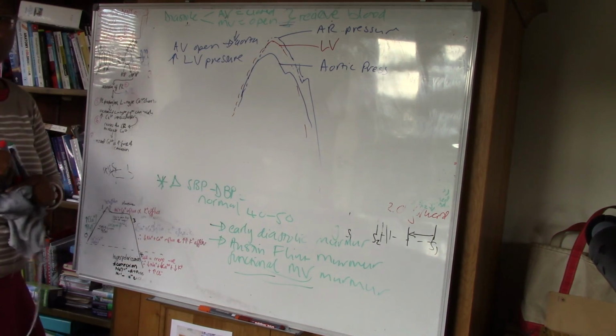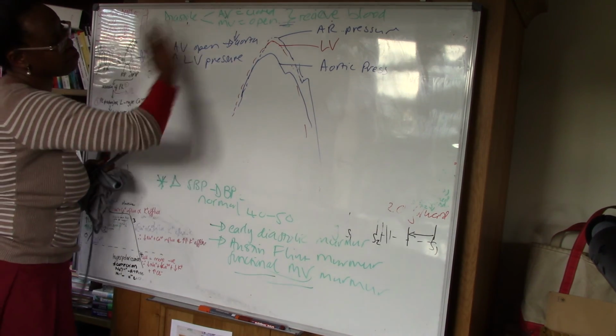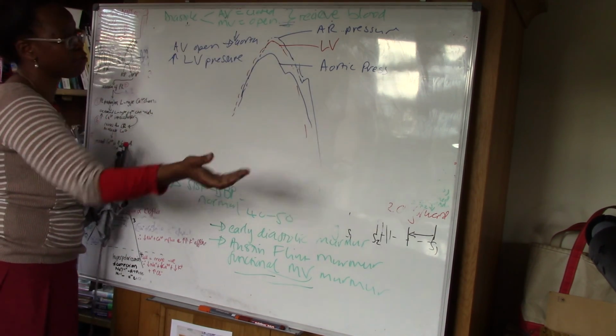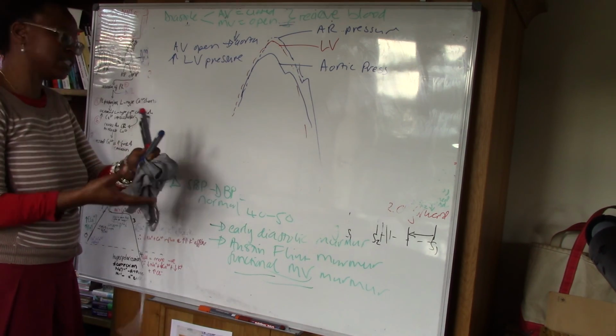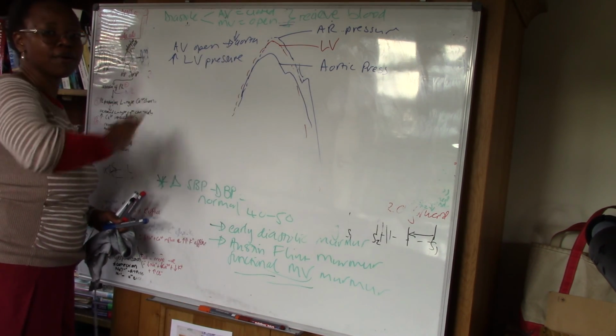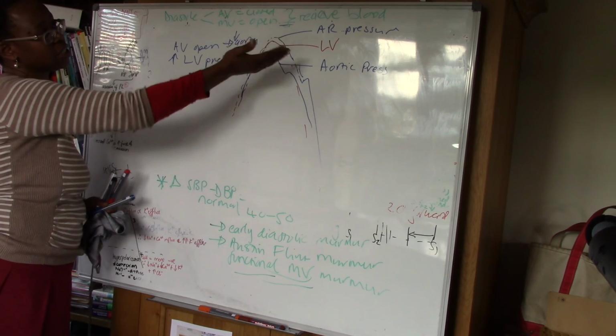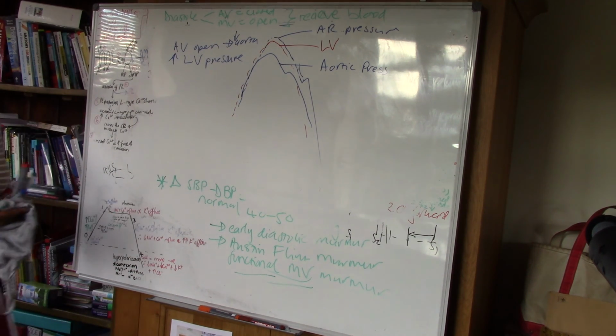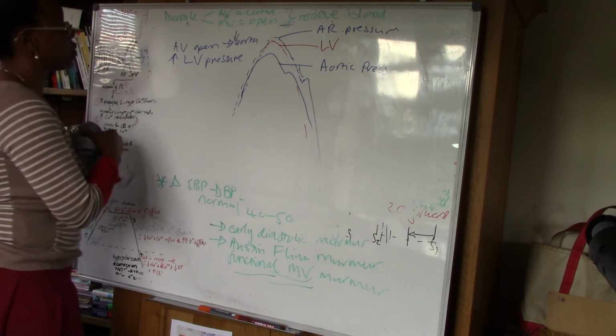So that is normally what causes that nice forward flow, those differences in pressures allowing for a forward flow. However, in regurgitation, that pressure affects that nice forward flow.